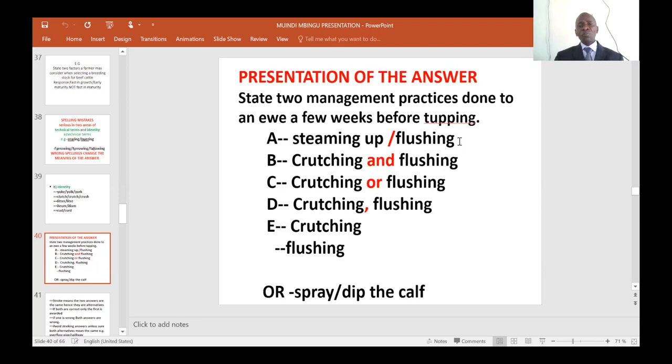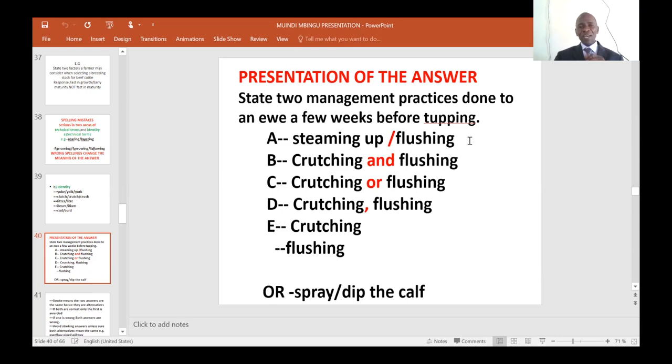how many marks does this candidate deserve? Yes, I can hear some people saying 0, others saying 1, because flushing is correct and steaming up is not correct. But I want you to note that there is no mark here, because this slash means that the words on either side of the slash have the same meaning.